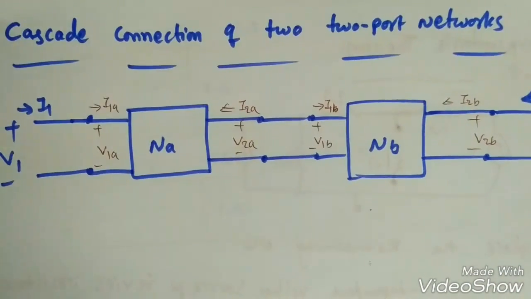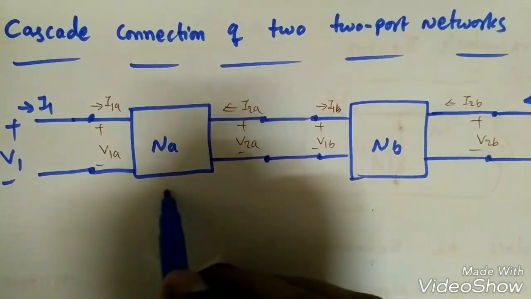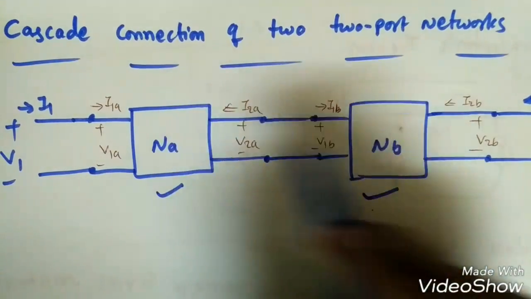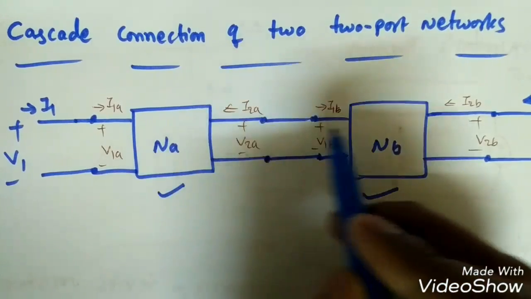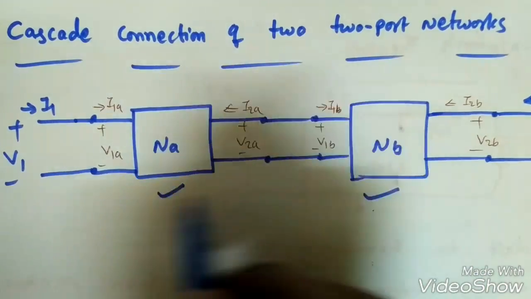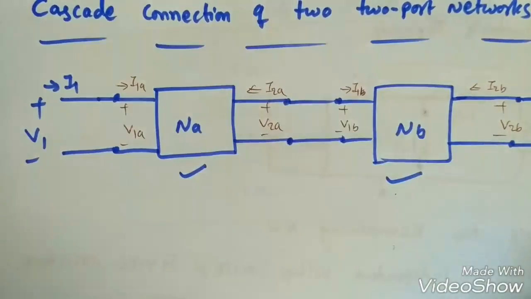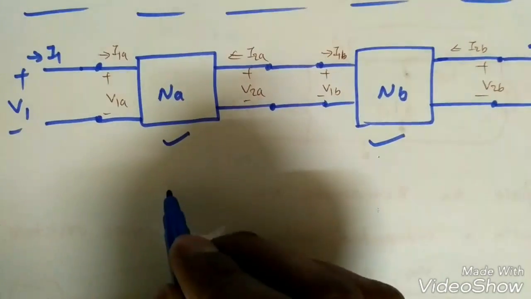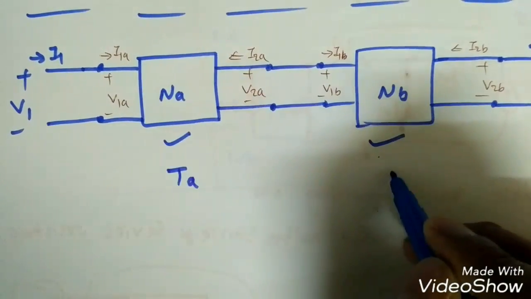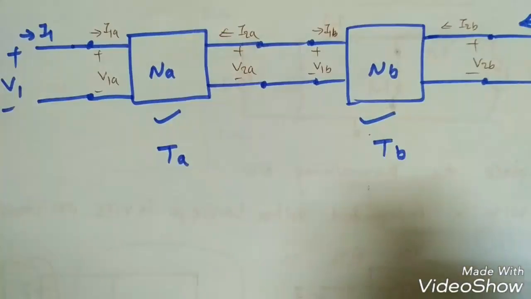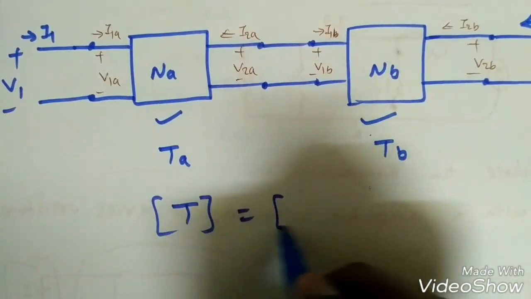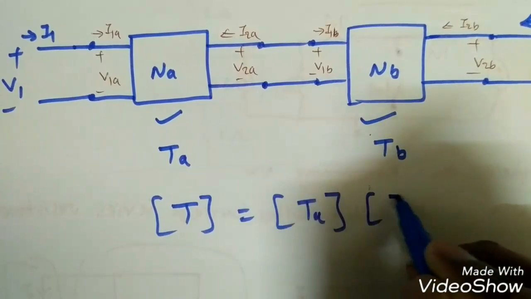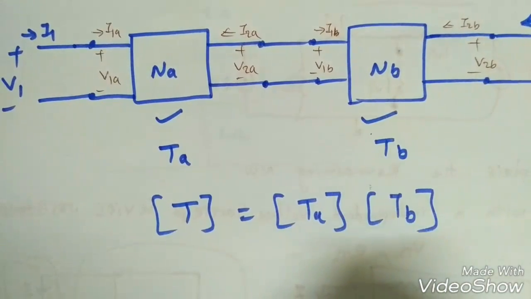One more connection is the cascade connection of two port networks. Network A and network B are connected one after another, that is, the output of the first network is connected to the next stage input. When two networks are in cascade, we find the transmission parameters for network A and network B. To find the overall transmission parameters, we multiply the two transmission parameters TA and TB.